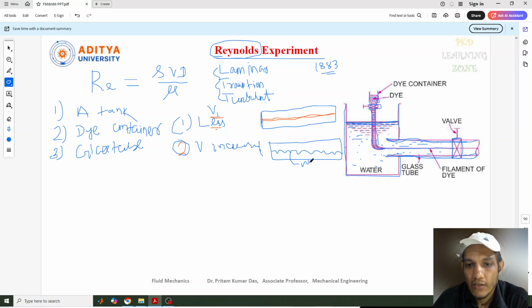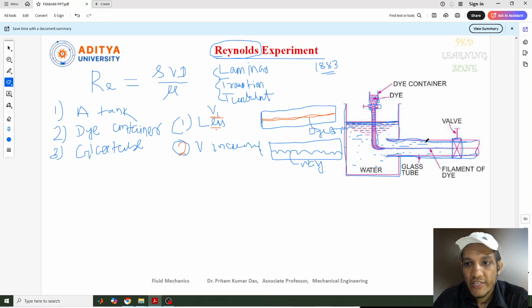This is a wavy filament, and this one is a dye filament of straight line type, and this is wavy. So this is the wavy structure.